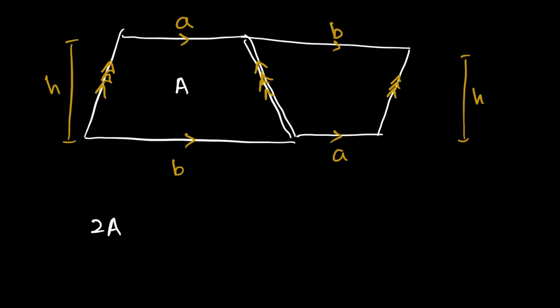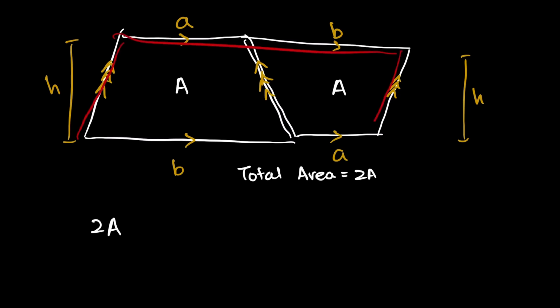So now, the area of the second trapezium must also be A since both trapeziums are the same. And the total area that we have here is just 2A because we have A plus A for two trapeziums. So now that we have stuck them together, notice that this whole big shape is just one big parallelogram.